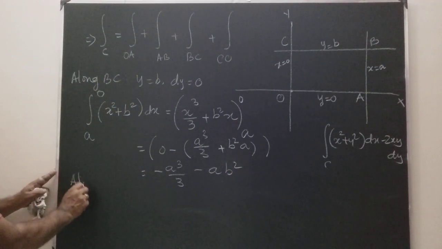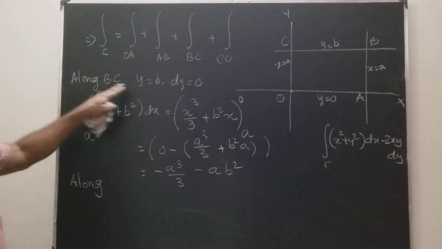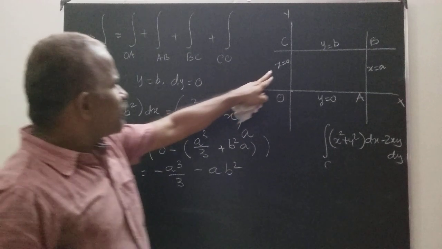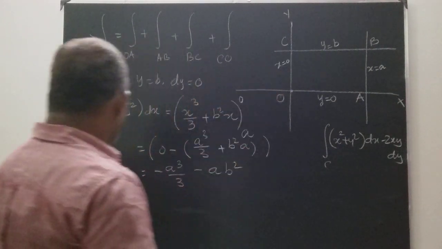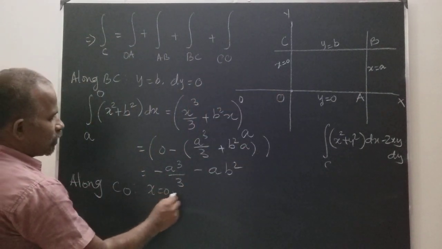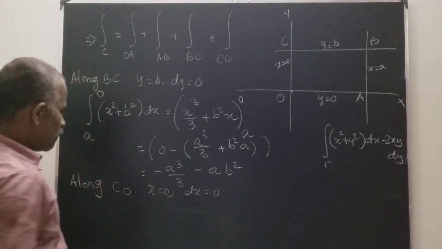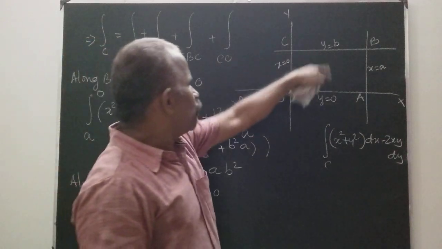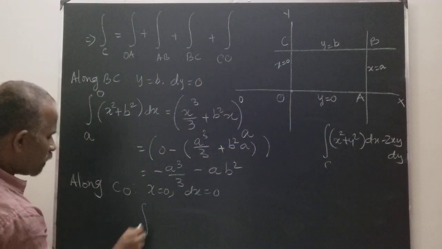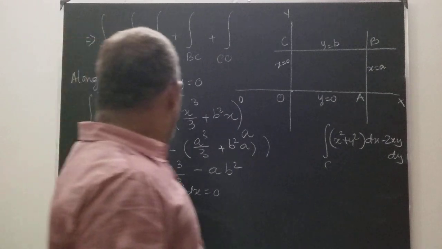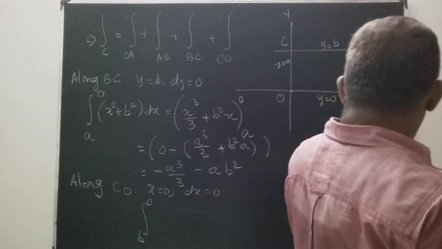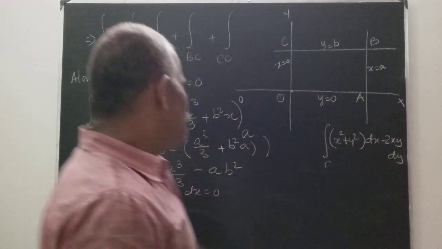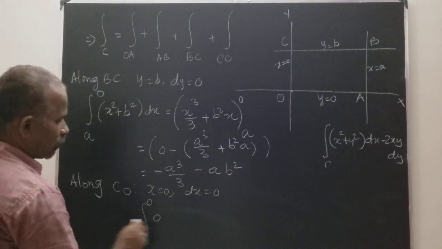Then along CO, x is constant. Therefore x is equal to 0 and dx is also 0. So the integral along CO, from b to 0, has x is 0 and dx is 0, so this part is 0 and the integrand is also 0.